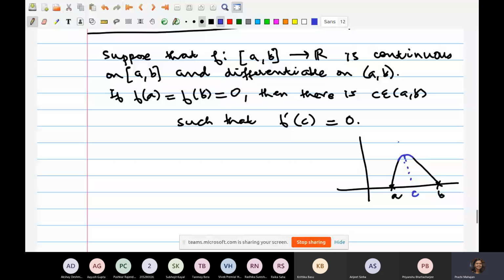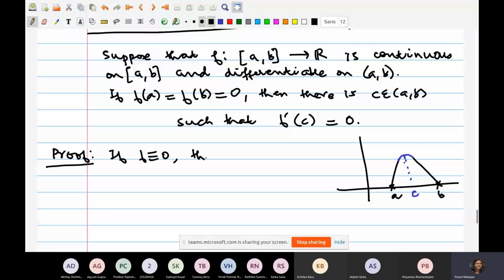So how do we do this? f is already assumed to be differentiable everywhere except possibly at the endpoints. We are required to show that the derivative of f vanishes at some point in the open interval (a, b), right? If f is identically 0, then there's nothing to be done.